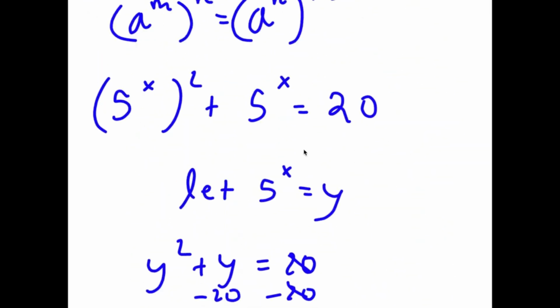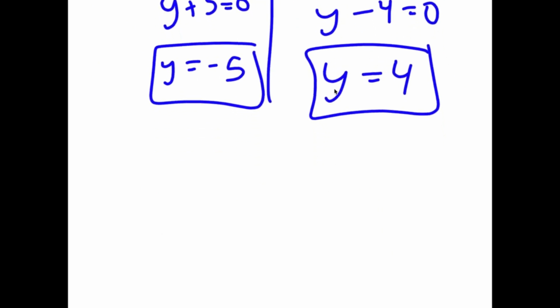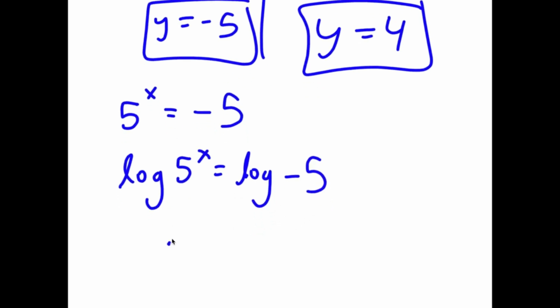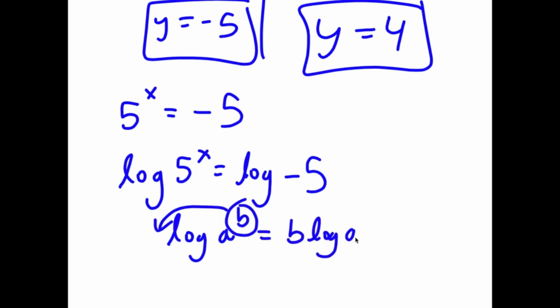So now remember how we set 5 to the power of x equal to y. Now that we have our values of y, let's first start off with 5 to the power of x is equal to negative 5. So if 5 to the power of x is equal to negative 5, I'm going to start by taking the log on both sides. So I have log 5 to the power of x is equal to log negative 5. Now if I have something in the form log a to the power of b, I can move the b to the front. So this is equal to b times log a.